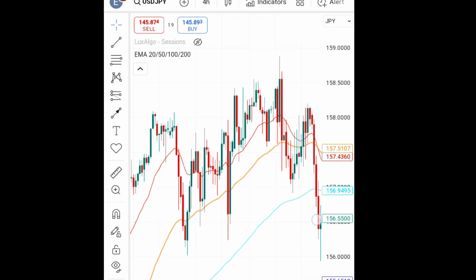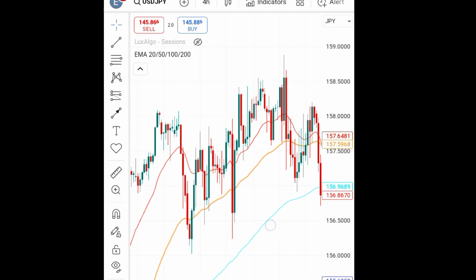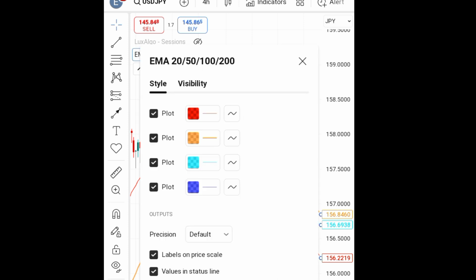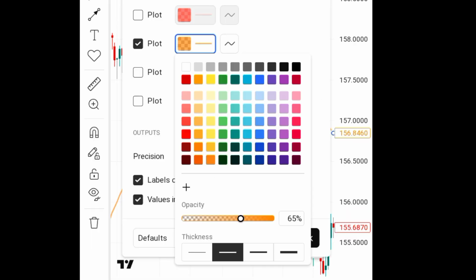It's going to be messy. So another thing is for you to go to the settings. You click on the settings of the indicator. You disable most of the plots: I disable number 1, number 3, and number 4, so I allow only number 2. Then I click OK. If you want your line of the indicator to be bigger, you can select this, but I'll leave it at number 2.